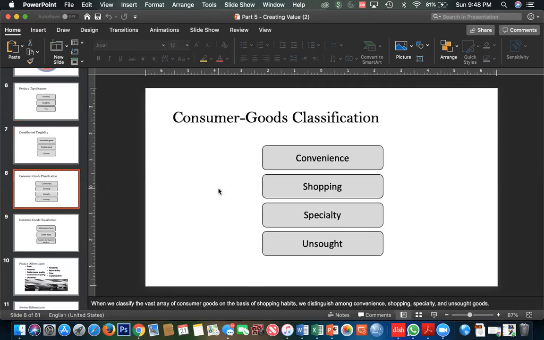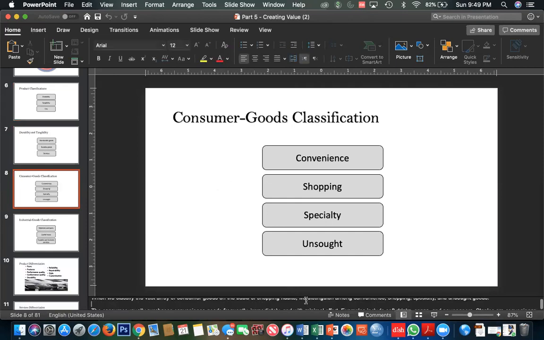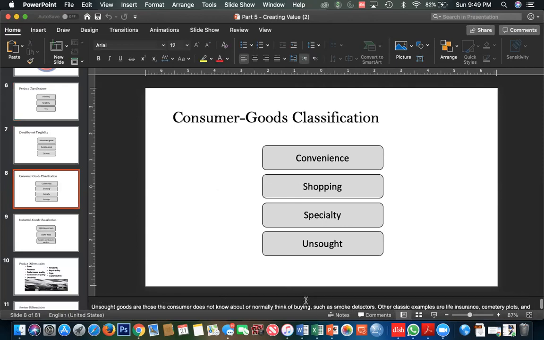In terms of consumer goods classification based on usage, there are four different subsets: convenience, shopping, specialty, and unsought. I have a very detailed description in the notes page. Please have a look at it, because it explains the variations.